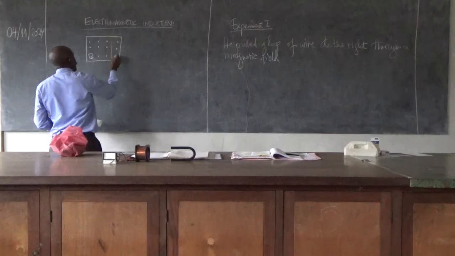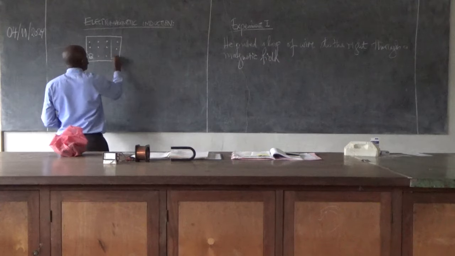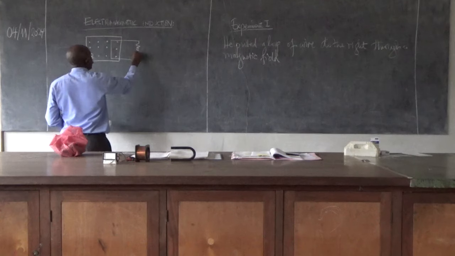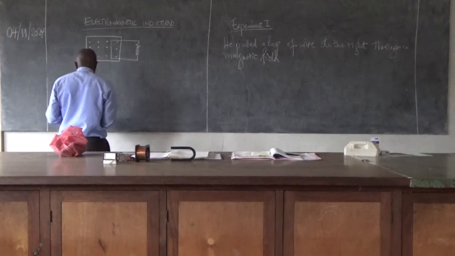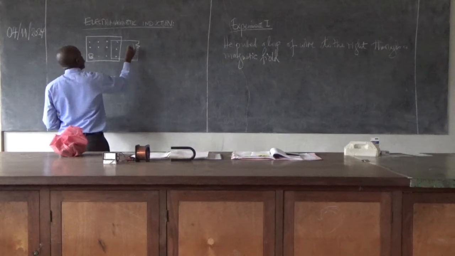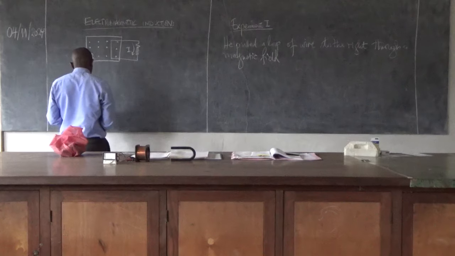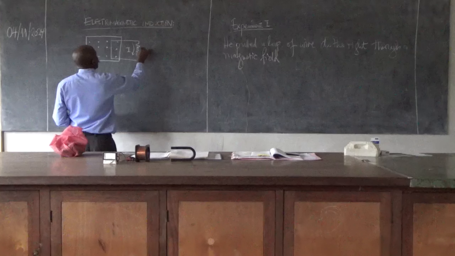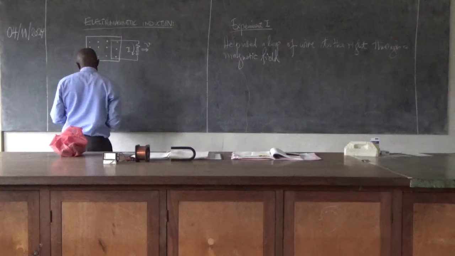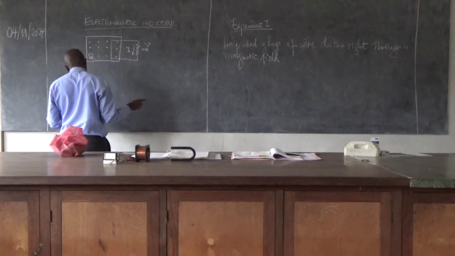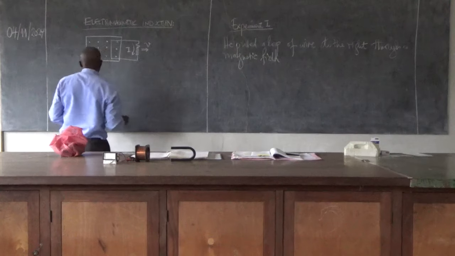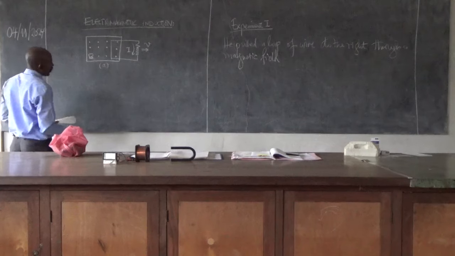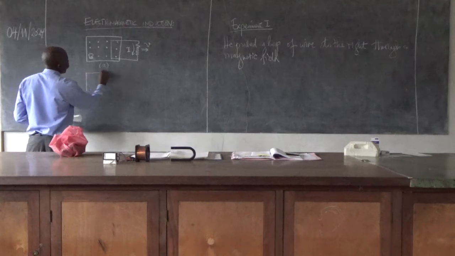So this is, I'm using the one in the text. So this is the loop of the wire, and then the current flowed, and this is when it was being pulled at a speed v to the right. So this is the experiment 1. Experiment 2.